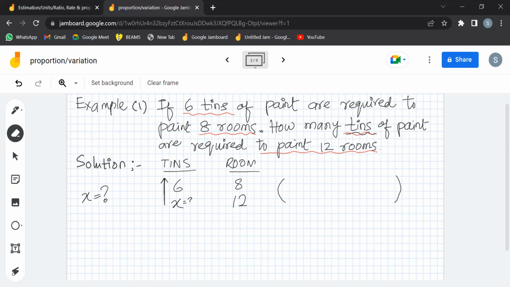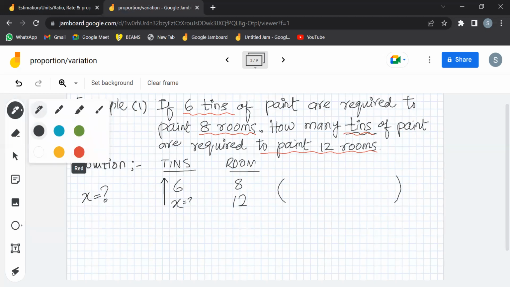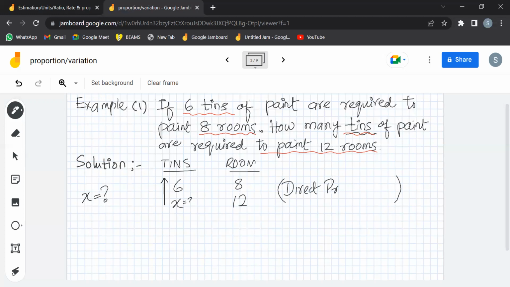So if the number of rooms goes up, then the number of tins obviously goes up. By increasing one thing, if the other increases, that is direct proportion. This is a very important step to decide which proportion it is. Then the arrow is in the same direction as before.